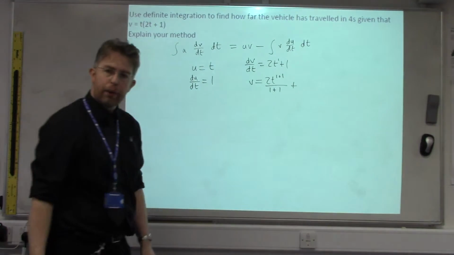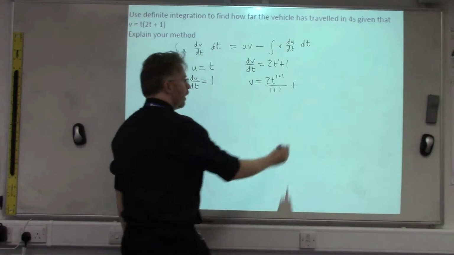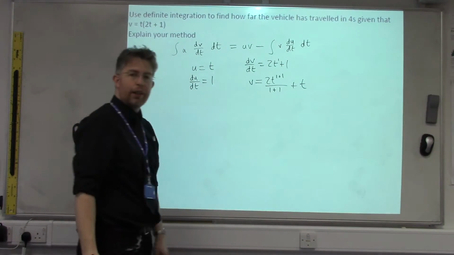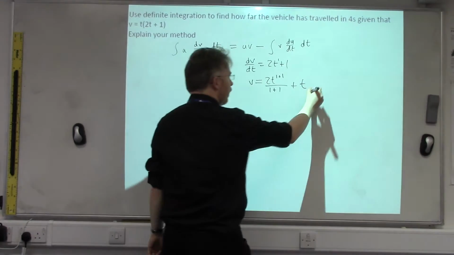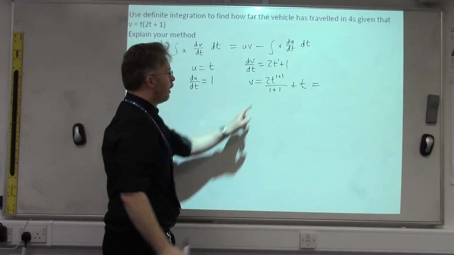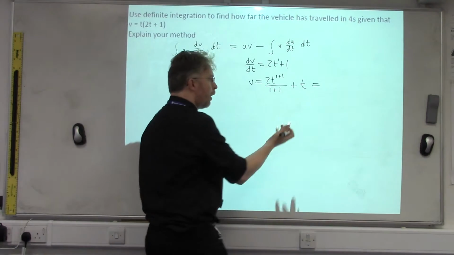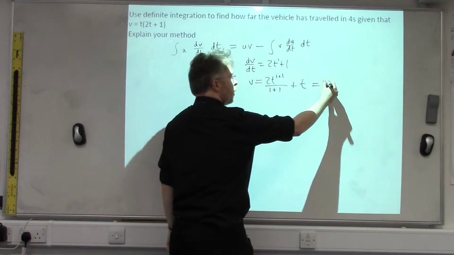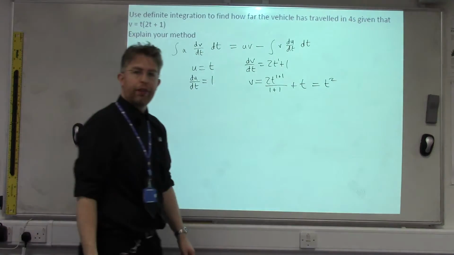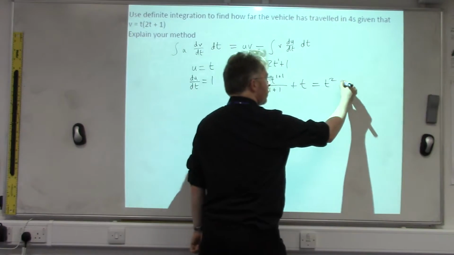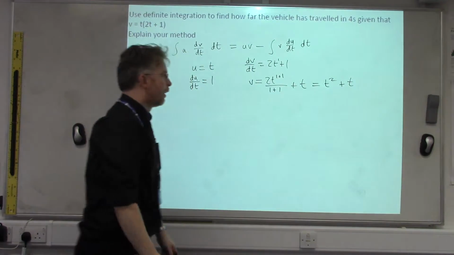Any number we just times by t, so 1 times t is equal to t. Simplifying, 2 divided by 1 plus 1, if we do it on the calculator, will give us 1. 1 plus 1 is 2, so we get t squared for the first term, and plus t, we don't simplify.